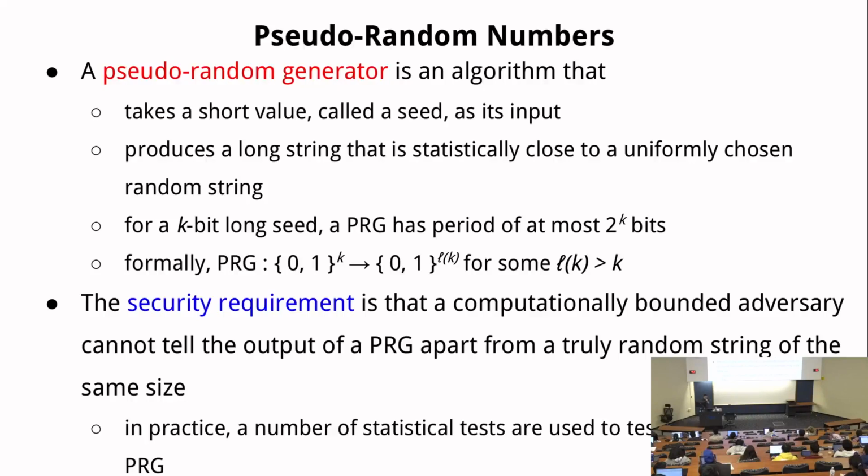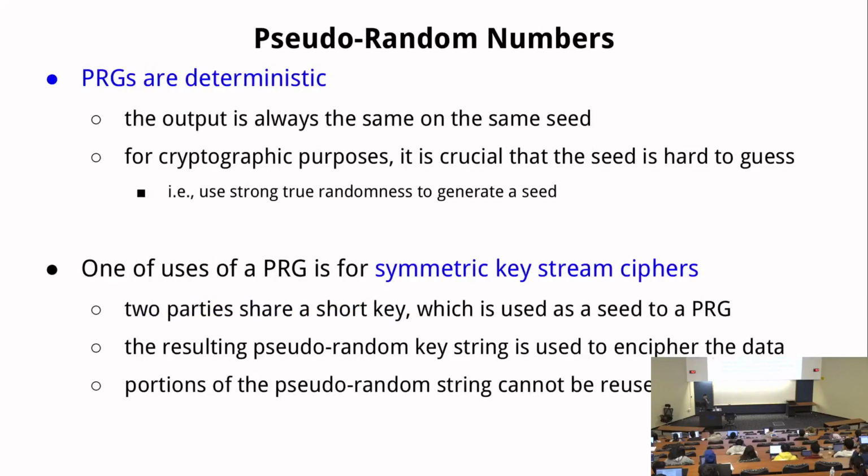Also, there are tools to test the randomness of the random number. They can quantify how random this is. The problem of those algorithms is, first of all, they are all deterministic algorithms. So given a fixed seed, it will always generate the same random number string.